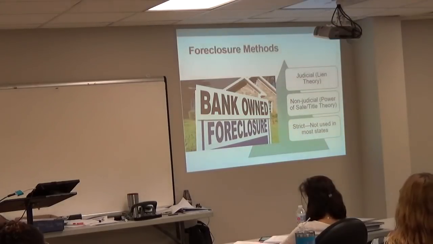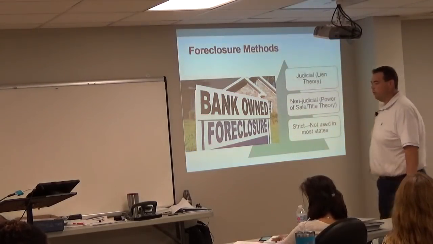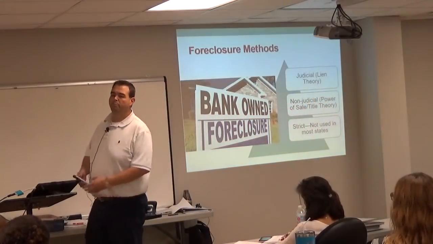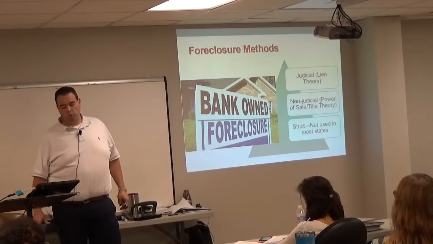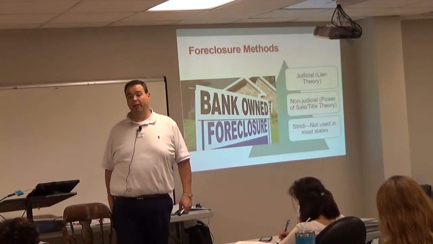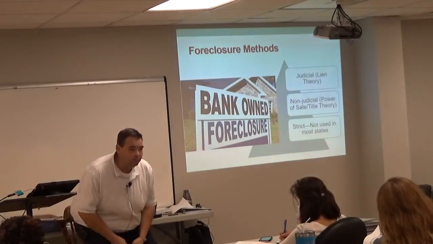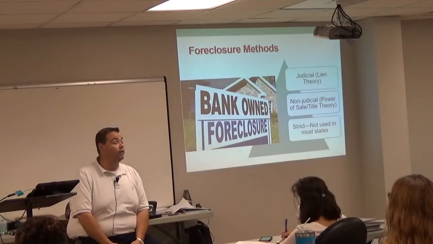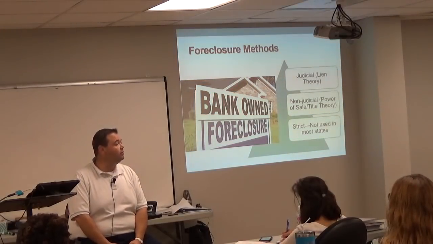Okay? So just a reminder, two main categories of foreclosure. What are they? Well, those are the methods of mortgaging, but the different types of foreclosure are judicial and non-judicial. Judicial foreclosure happens in a lien theory state, in a court of law.